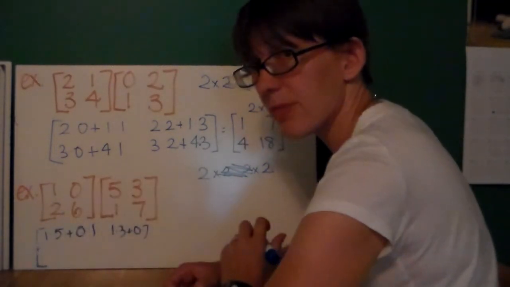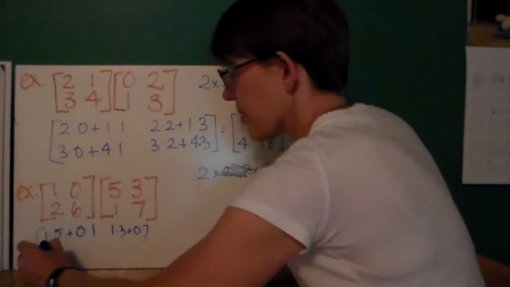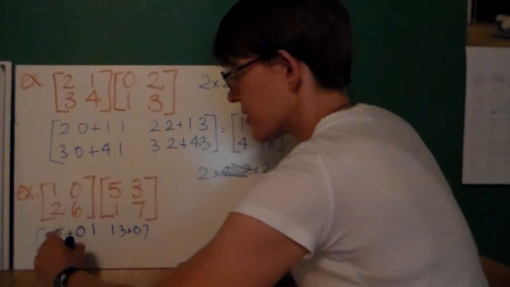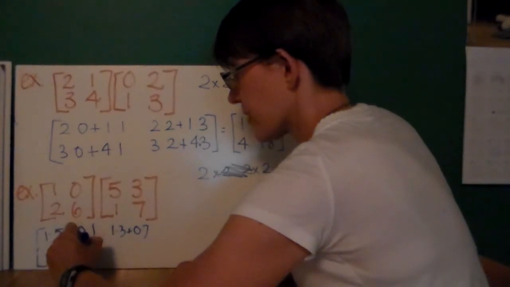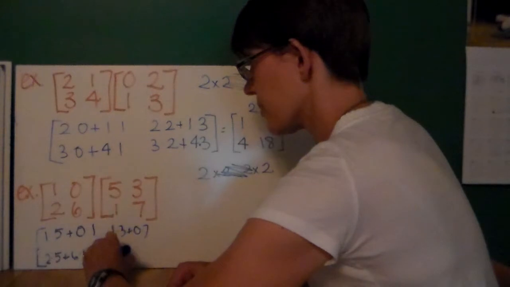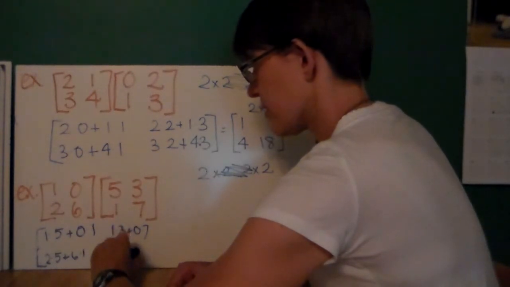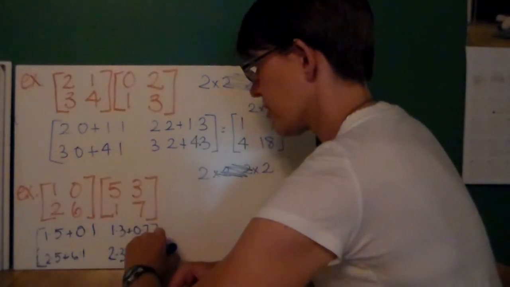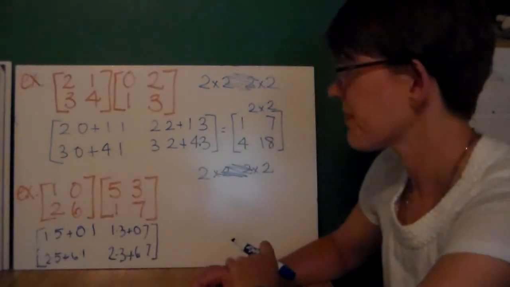Next, moving on to my second row, 2 times 5 plus 6 times 1. And 2 times 3 plus 6 times 7. Okay, I'm going to get a huge answer down here in the 2-2 entry.